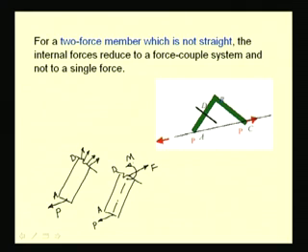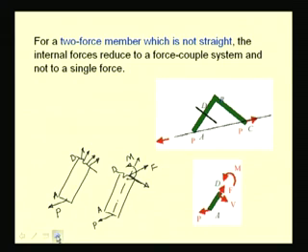So, for a two force member which is not straight, the internal forces reduce to a force and a couple. This force F can be represented by its two components, one along the axis and one transverse to the axis.